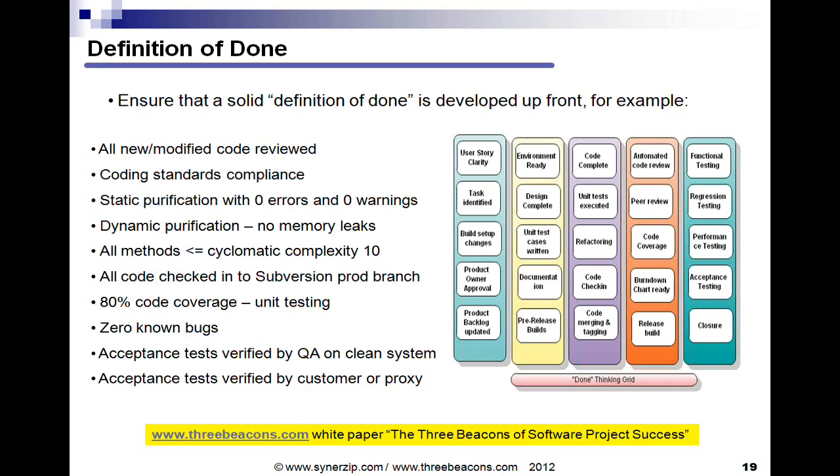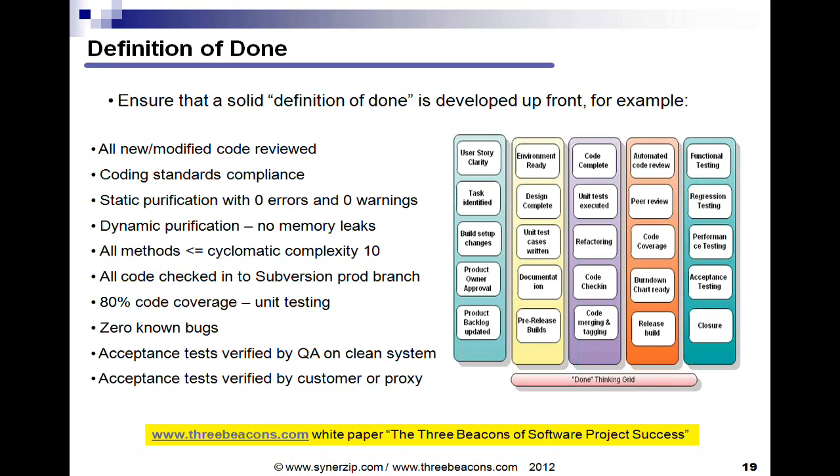They should also decide on the definition of done for the iteration or sprint, and then the definition of done for a release. And the quality attributes that constitute each of those three levels should be documented and made well known within the team and to the stakeholders and the customer.